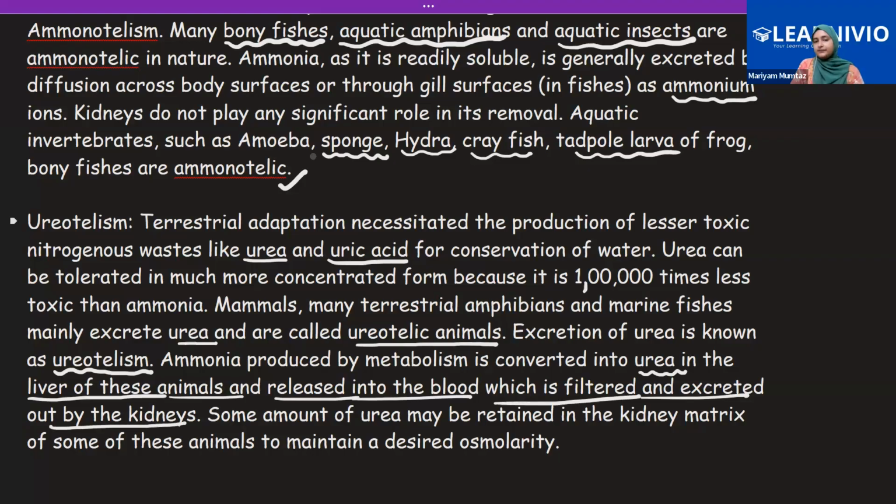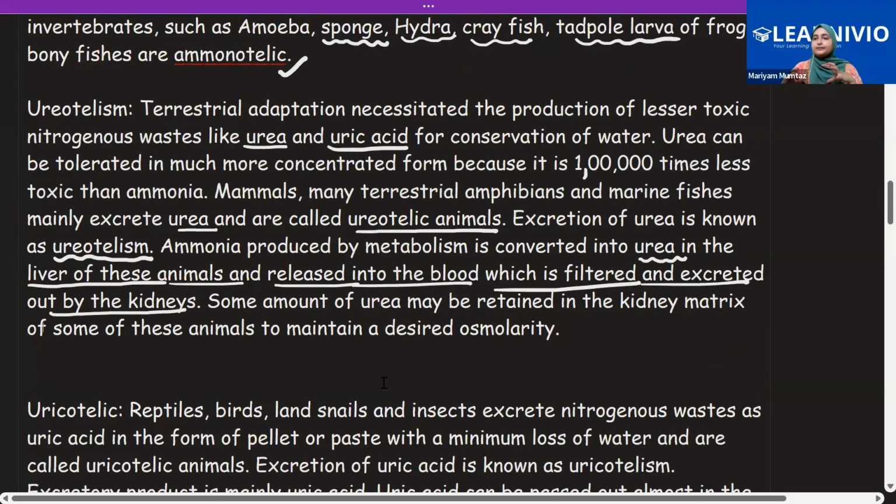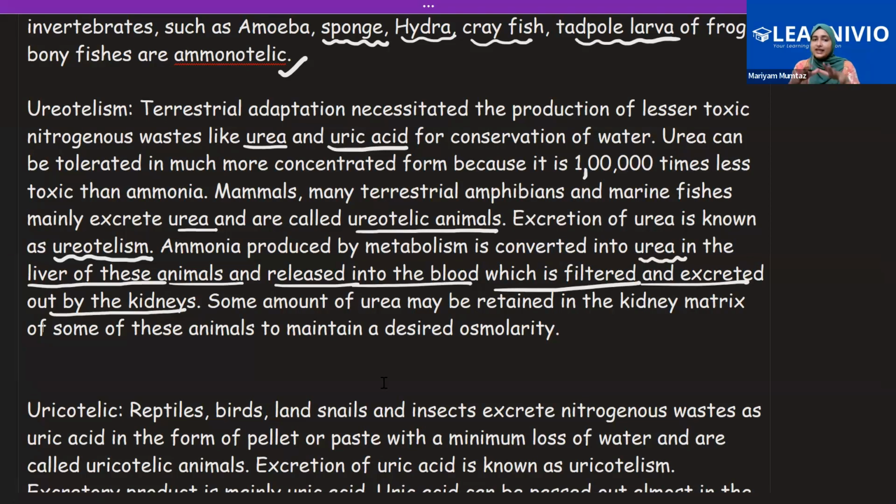But again, it's not that whatever amount of urea is there in our body, all of it will be sent out. No, some urea is kept. And it's important. Why? To maintain the osmolarity. It's not that if we had 100 grams of urea formed, 100 grams will be excreted out.